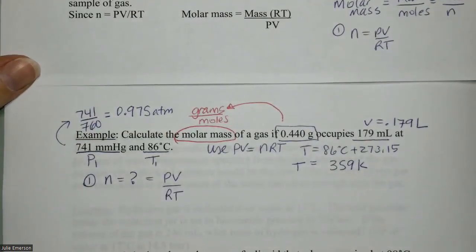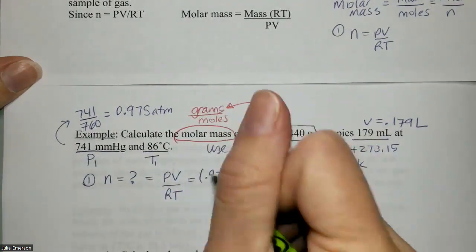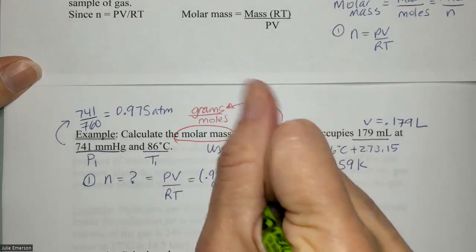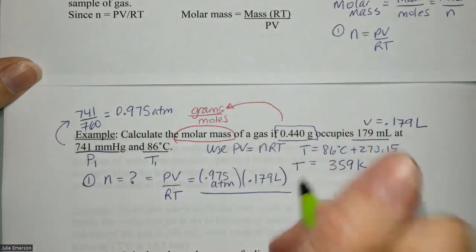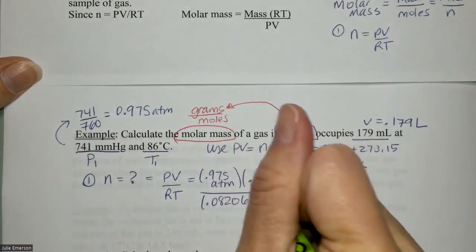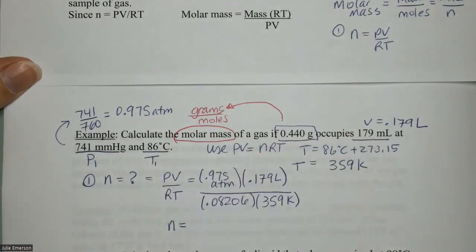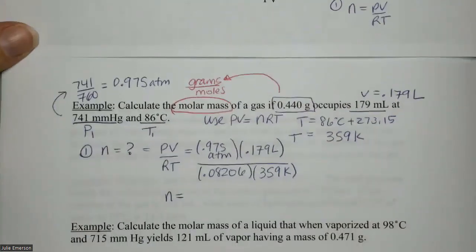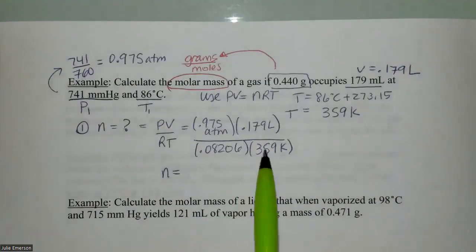So now we have everything we need. Pressure, 0.975. Volume in liters, 0.179. R, 0.08206. Temperature in Kelvin, 359. So how many moles do we have in this sample, right? We know the volume of the sample, we know the pressure it's under, we know the temperature.